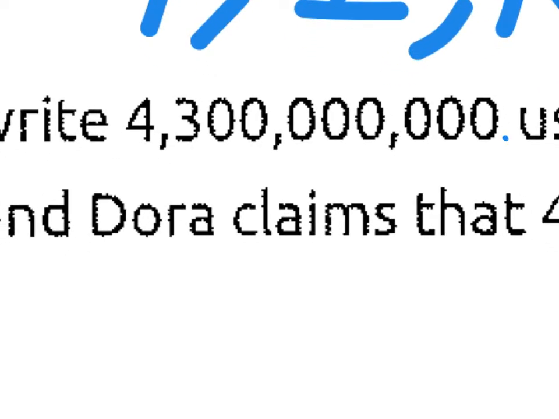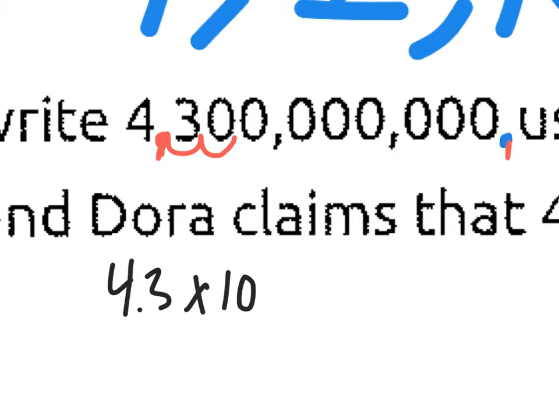Our decimal is currently right here. We need it to end up right here. So I'm going to start writing the number out. It is going to be 4.3. Sometimes I write a 0; you can have the 0 there if you want to. But 4.3 times 10, and to get from our decimal here to over here, we moved it 1, 2, 3, 4, 5, 6, 7, 8, 9 places.